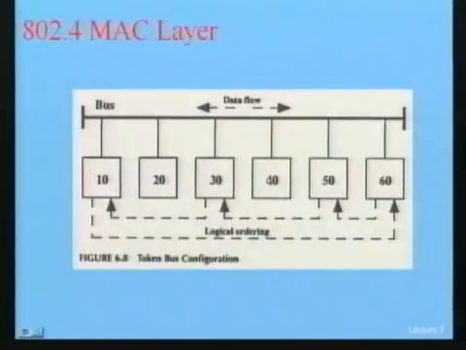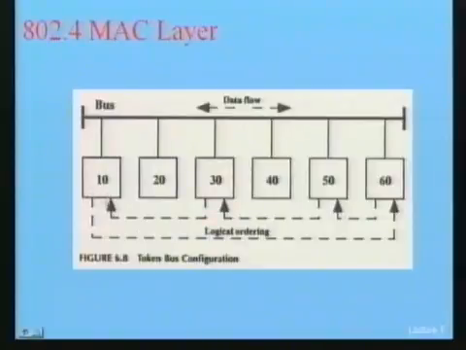Now, how does the medium access control work? Medium access control is really a logical ring. It means that each station has an address: 10, 20, 30, 40, 50, 60, and they have a table which says who is next. Okay?